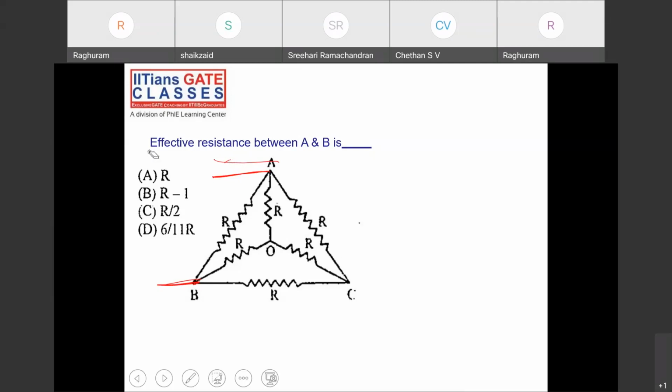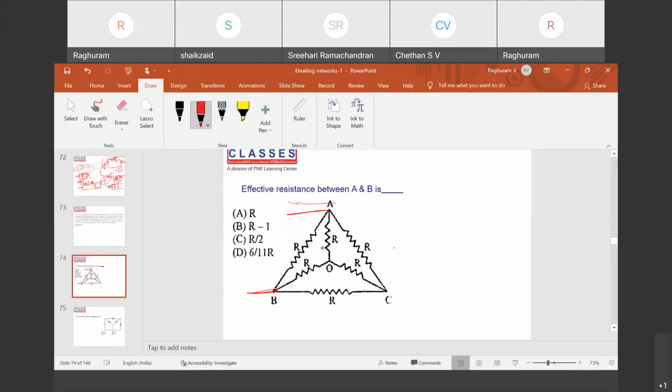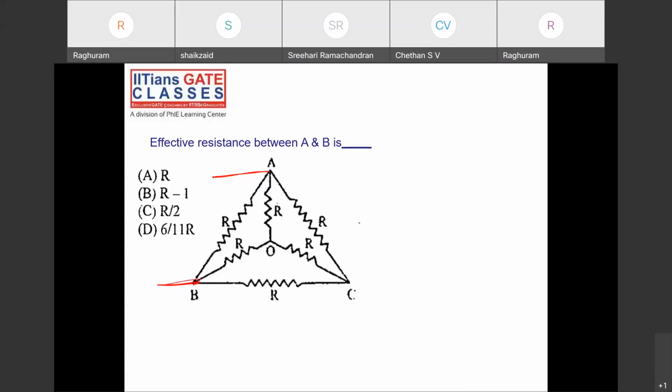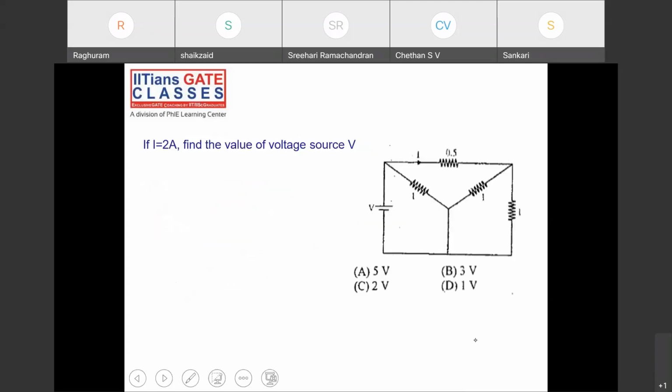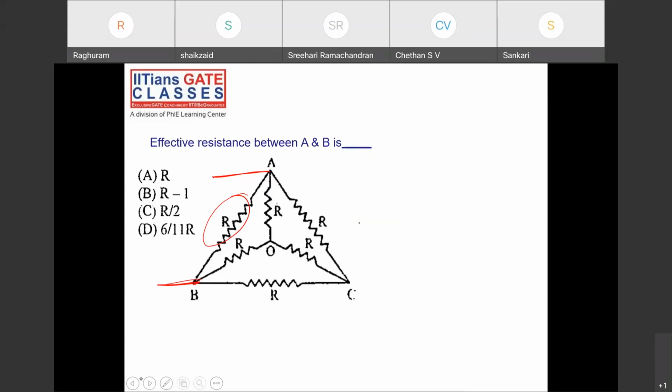R by 2, correct. How did you do it? Wheatstone bridge. Yes, right. If I remove this resistance here, you can get a Wheatstone bridge.